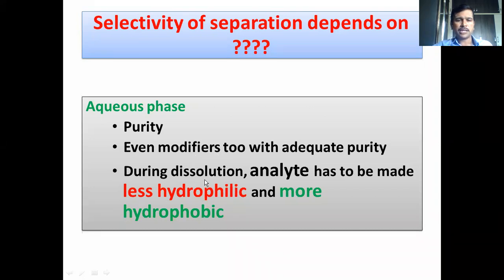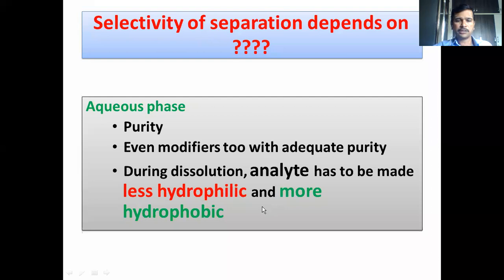Extraction is because of dissolution. The analyte will be dissolving in the organic solvent or in the aqueous solvent. If you take the analyte in the aqueous solvent and extract with an organic solvent, the analyte will be selectively transferred to the organic solvent after the extraction process is over. During the extraction process, because the analyte was soluble in the aqueous solvent you took initially, it possessed hydrophilic property.